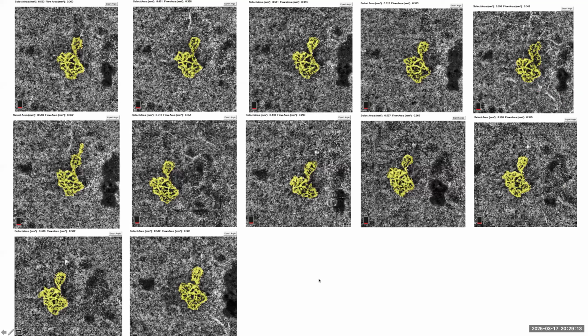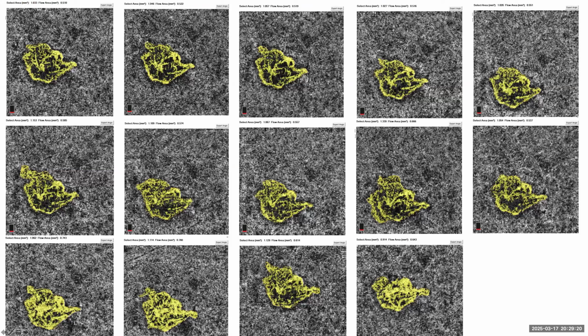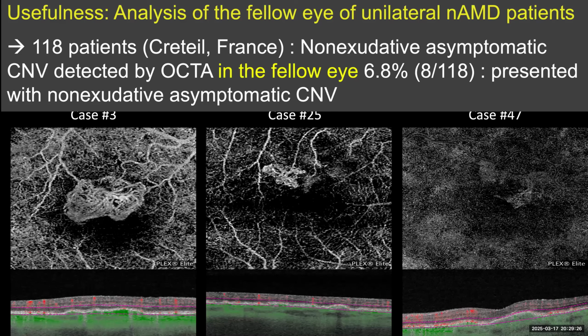So it has been 10 years that I'm following this patient, no change, no exudative features. Here, another example, really stable, no change on OCTA. We analyzed the fellow eye of patients with CNV, and we observe that in 6% of cases, we observe this kind of quiescent CNV.